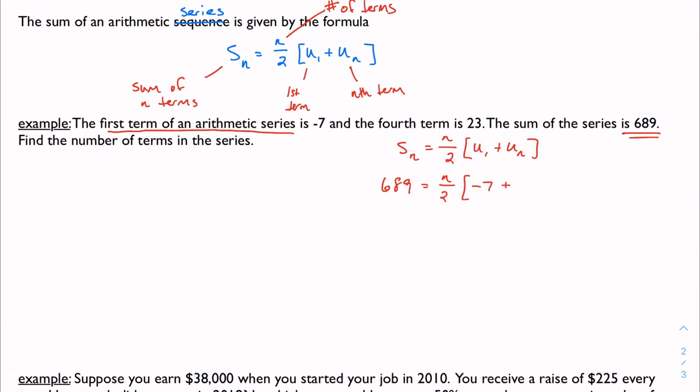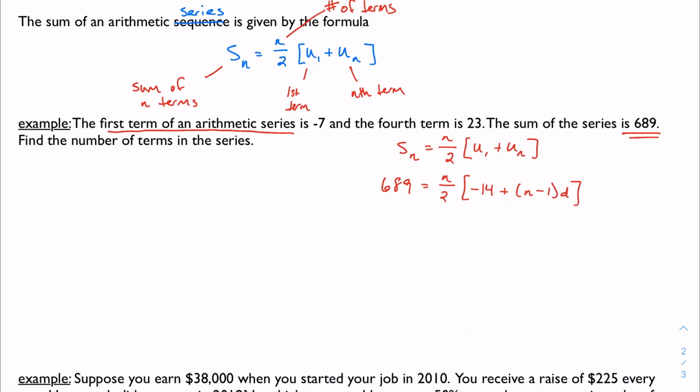And, well, for now, let's just call it this using our general formula here. Again, we know that u sub 1 is -7, so maybe I could actually add these together and get 14 plus n minus 1 times the common difference.